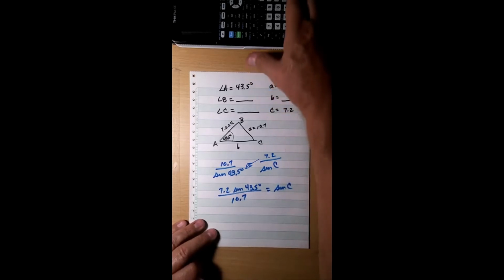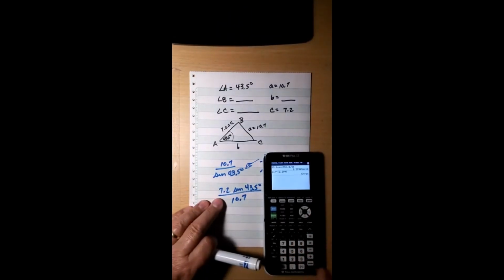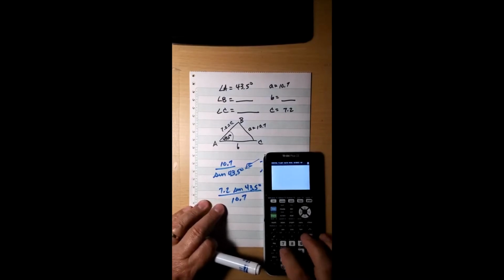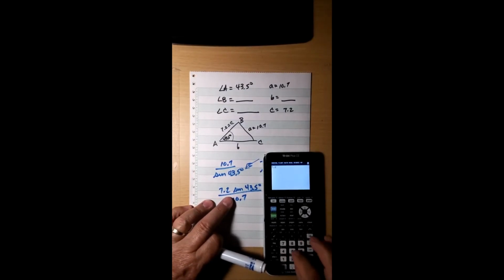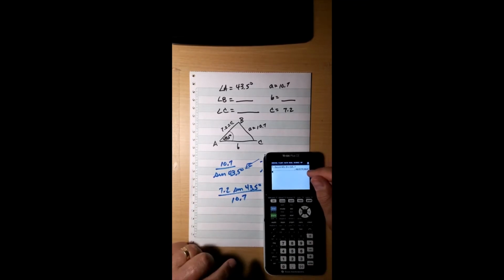So let's use our calculator to calculate this. Clear out the old. 7.2 times the sine of 43.5. Close the parentheses, divided by 10.7. I'm getting 0.46319.